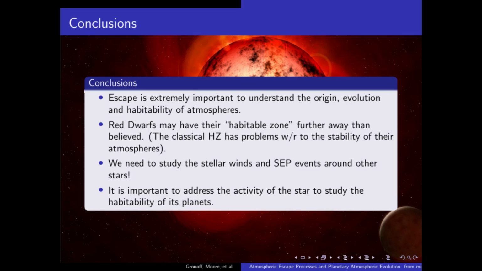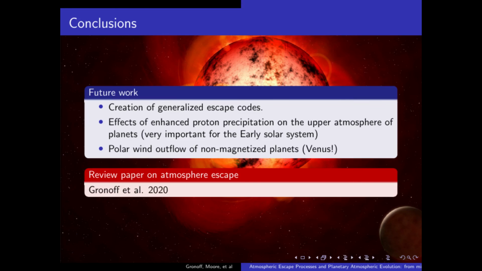I also have a presentation where I show that it's, in addition, very interesting to study the activity of the stars for its effect in the lower layers of the atmosphere, where it can actually affect the chemistry and the biochemistry a little bit more. Future work with respect to the question of the atmospheric escape includes the creation of generalized escape codes that allow us to take into account several escape processes in 3 dimensions with the effect of all the different particles.